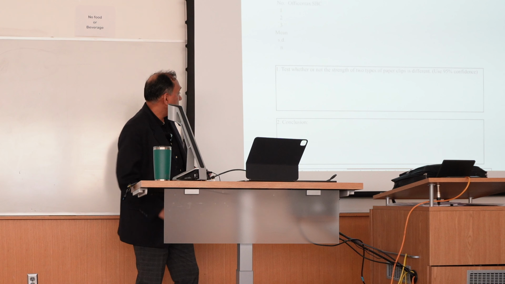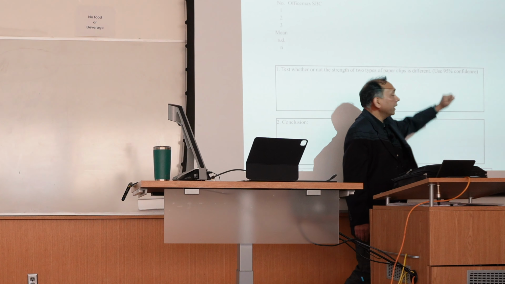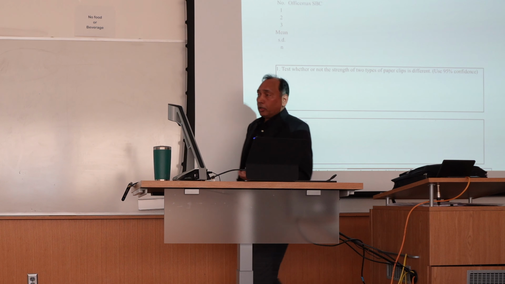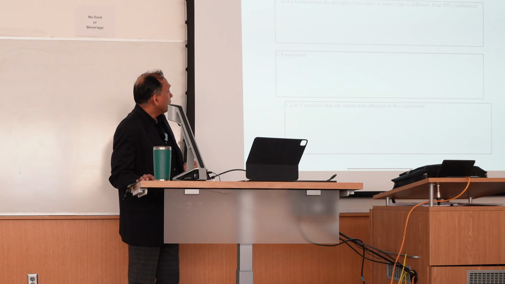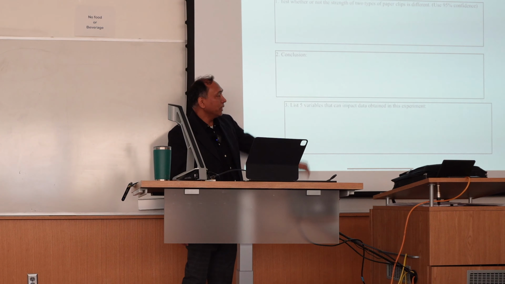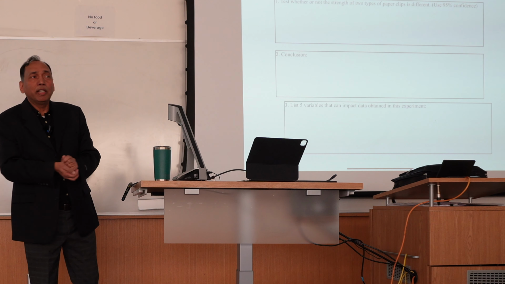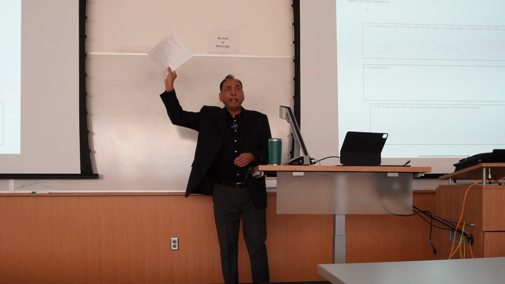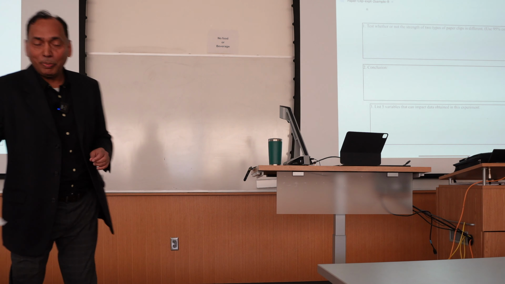So you are testing whether or not the strength of the two types of paper clips is different using 95% confidence. So your alpha is 5%. Write down your conclusion and also list 5 variables that you think may have some impact. Take 1 per team and 3 samples of paper clips.